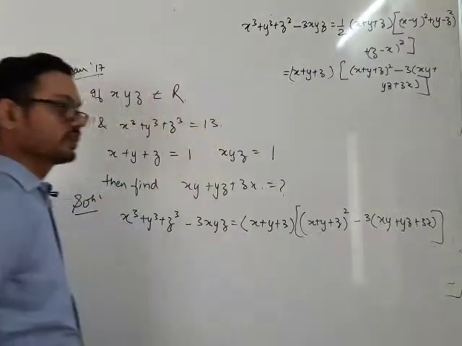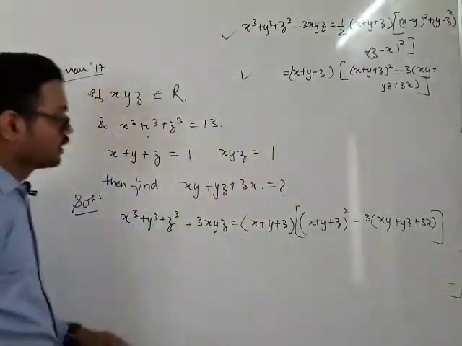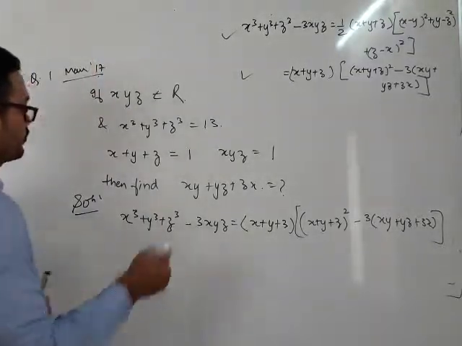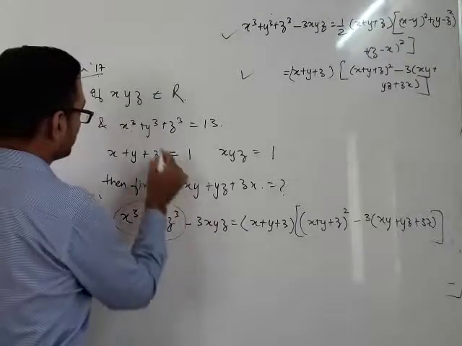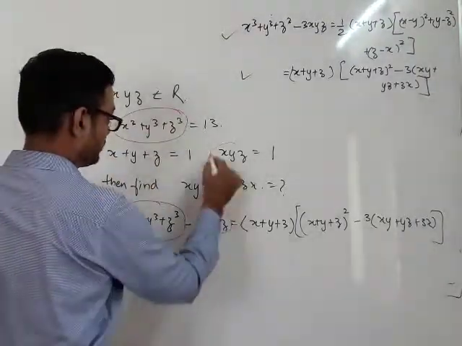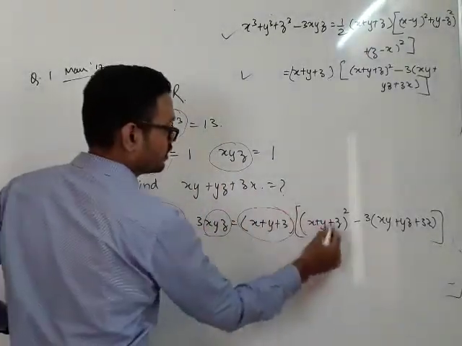This is the second formula which I said is important. This is the first formula, this is the second formula. Now if you see, we are already given the values: x cube plus y cube plus z cube is given as 13, xyz is given as 1, and x plus y plus z is given as 1.